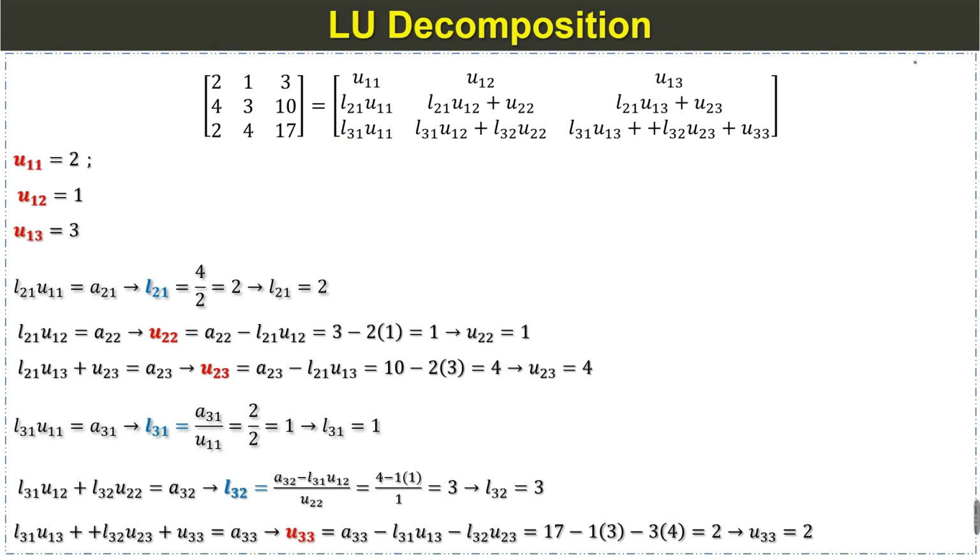So A32, and again we rearrange this equation to find the value of L32. After rearranging we get this form, and after substituting and simplifying this equation we get the value of L32.